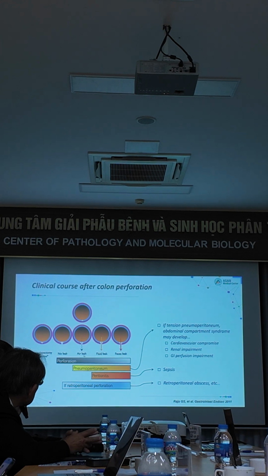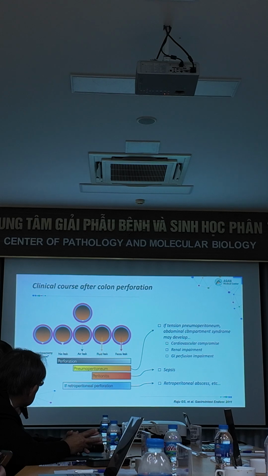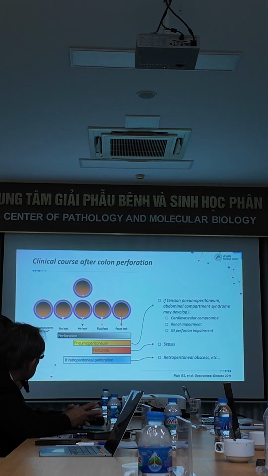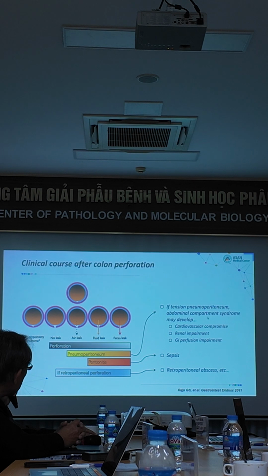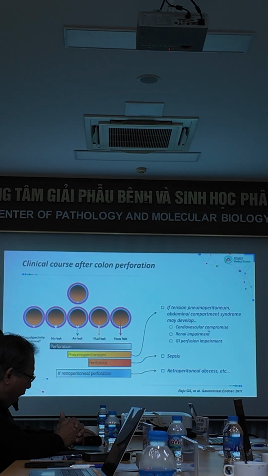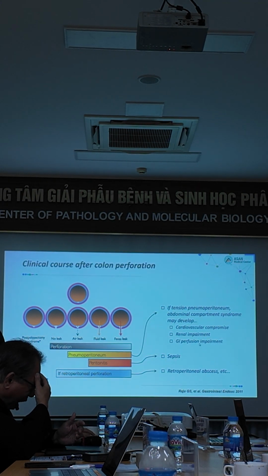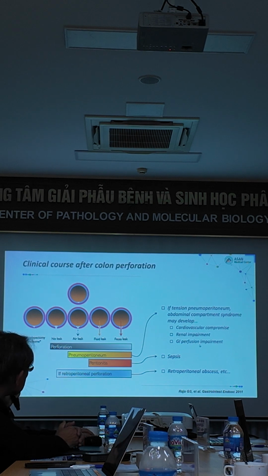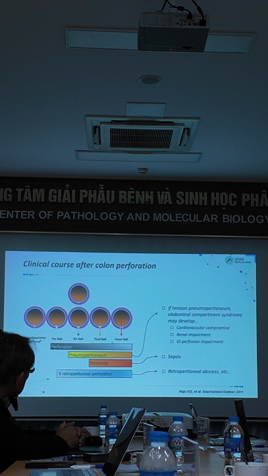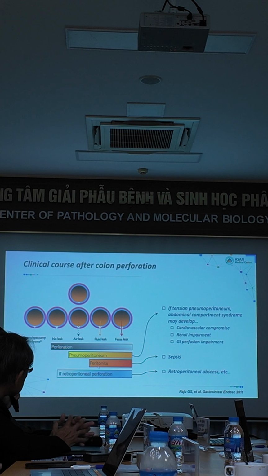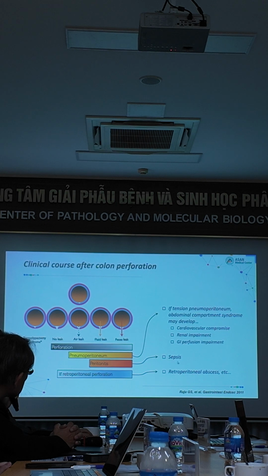If the air leakage is very large, then tension pneumoperitoneum develops, followed by abdominal compartment syndrome, which includes cardiovascular compromise, renal impairment, and GI perfusion impairment, which can induce multi-organ failure. And if the fecal fluid leaks out into the peritoneum, peritonitis may develop, which can be followed by sepsis.